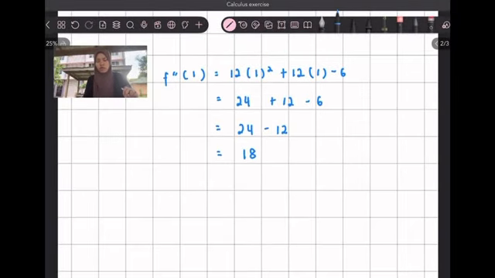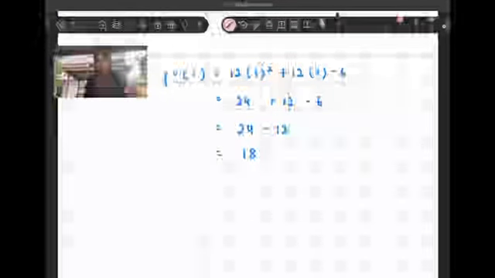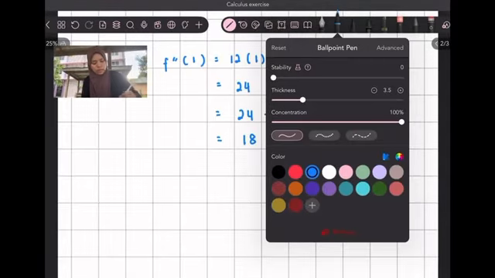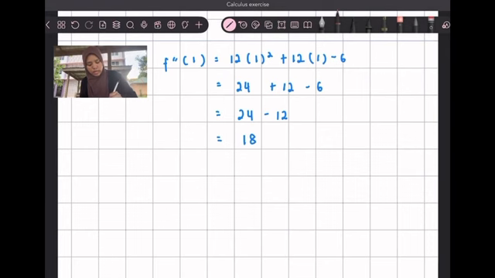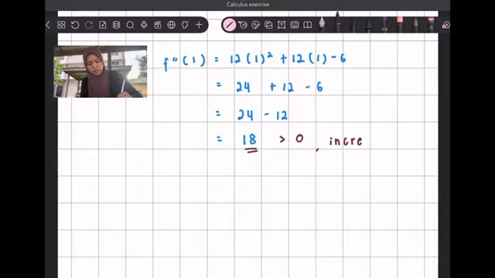So if we substitute the critical number x equal to 1, we get 18. This 18 is greater than 0, so the interval will be increasing.